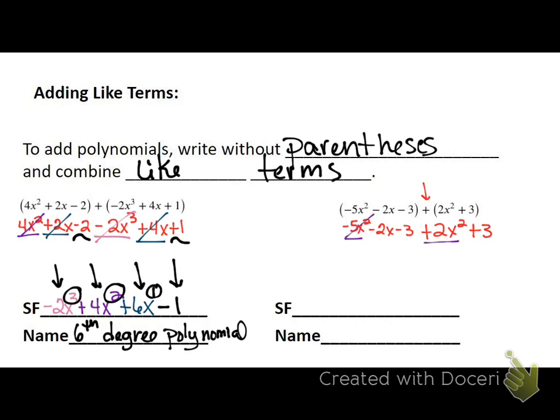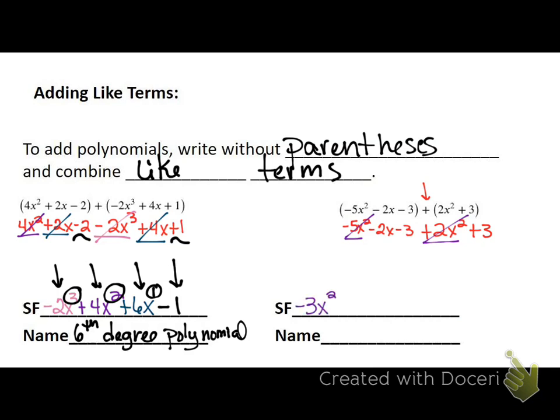Okay, what's negative 5x squared plus 2x squared? Negative 5 plus 2. If you owe me $5 and you pay me 2, how much do you still owe me? 3. So negative 3x squared.